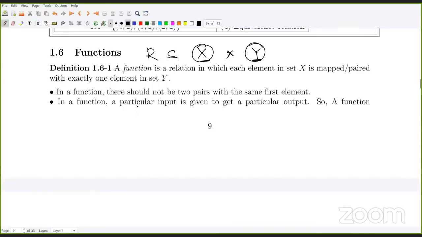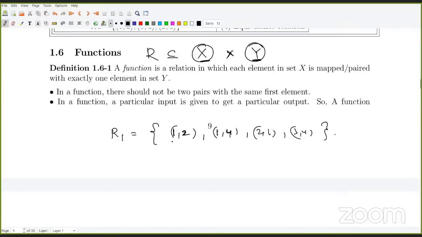So in short, in a function there should not be two pairs with the same first element. If I say in my relation 1, 2, 1, 4, 2, 3, 3, 4, then 1 is paired with 2 and 1 is paired with 4. So this is not a function.